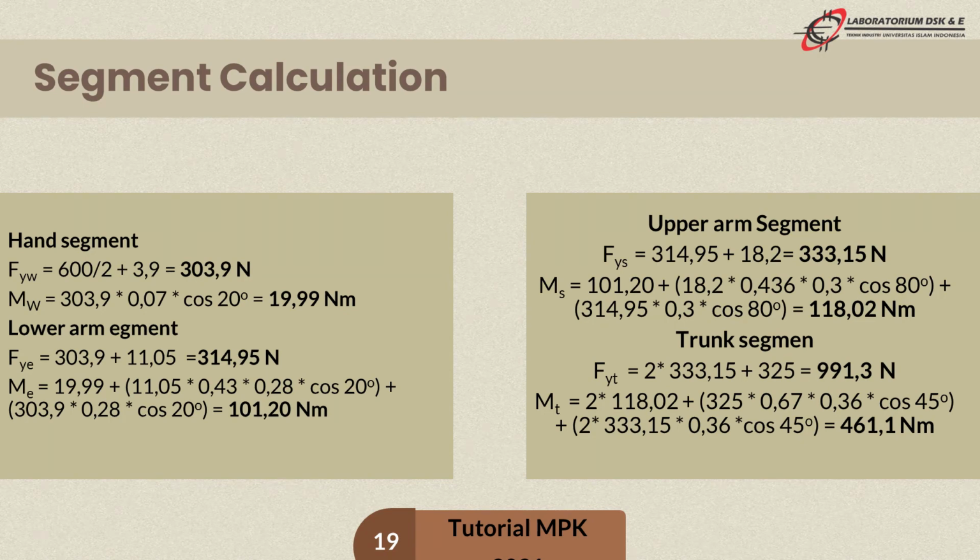For the lower arm, we obtain 101.20 Newton meter. For the upper arm segment, we get 118.02 Newton meter. From the trunk, we calculated and get 461.1 Newton meter.